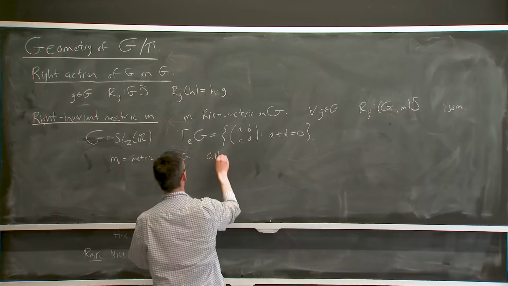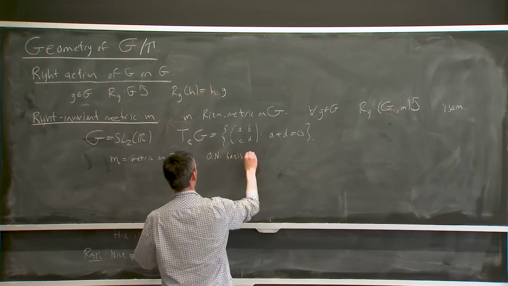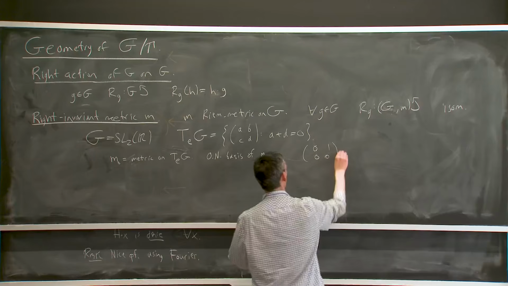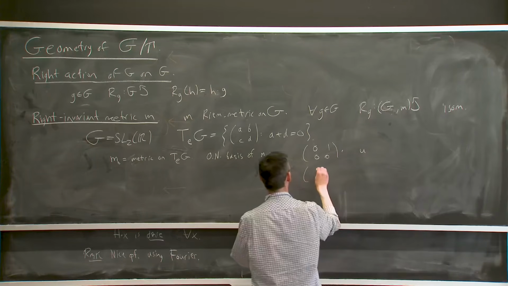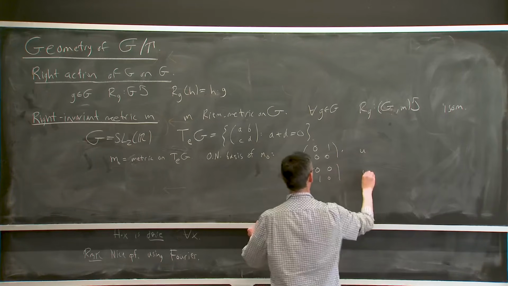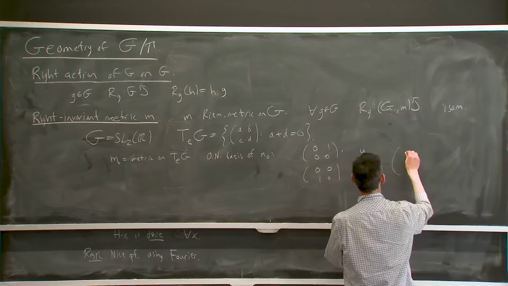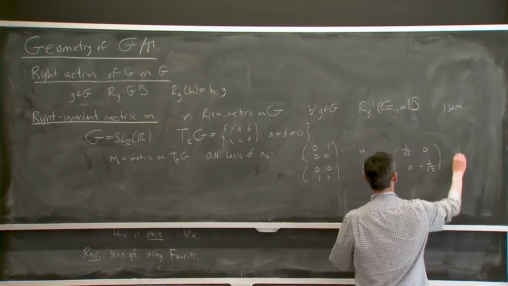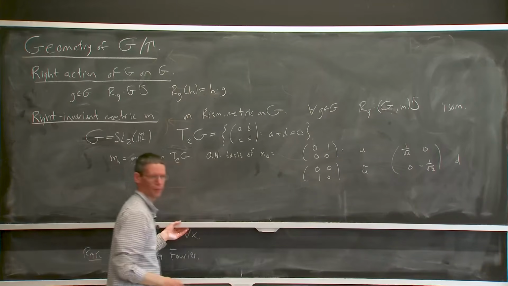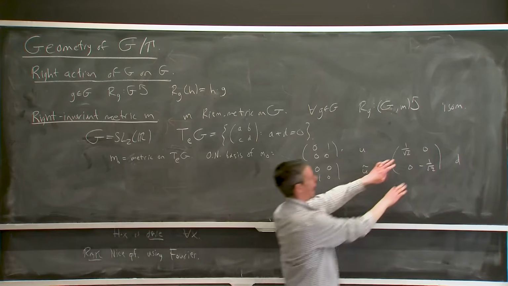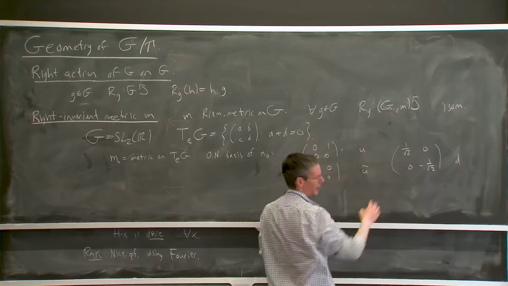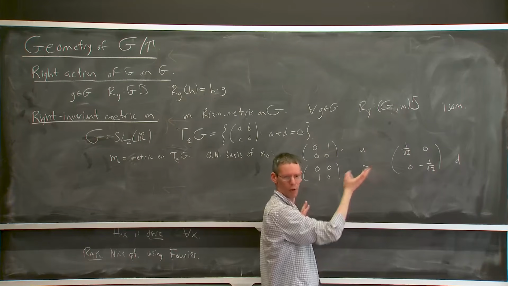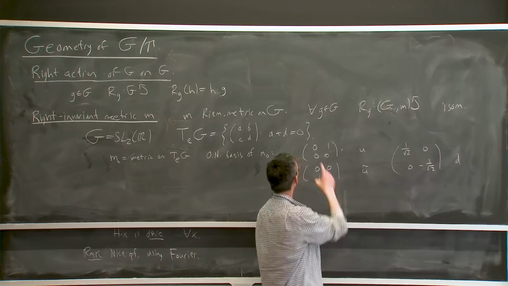My orthonormal basis of M naught is going to be (0, 1, 0, 0), which I'll call U, (0, 0, 1, 0), which I'll call U tilde, and then (1 over root 2, 0, 0, minus 1 over root 2), which I'll call D. These root 2's are not actually important, but this happens to be the orthonormal basis that corresponds to the metric where you just take the metric on R4 and restrict it to this subspace.